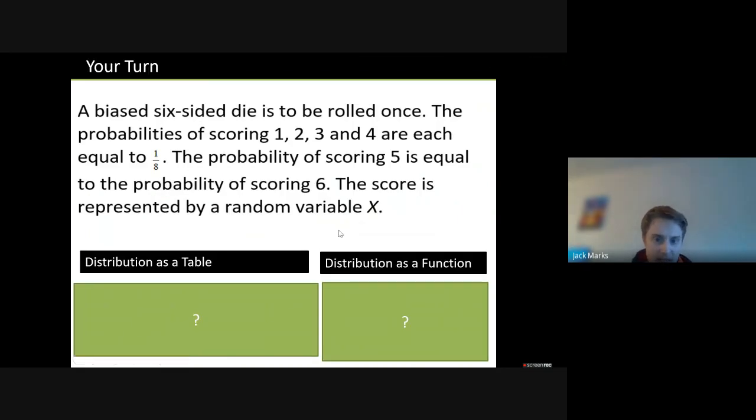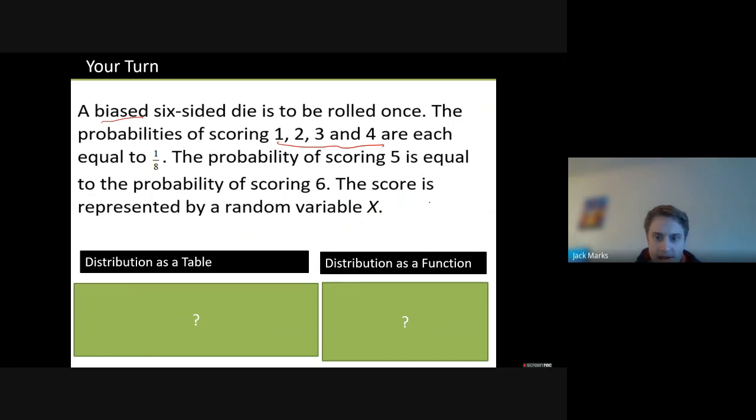So pause the video and have a quick go at this one here. Read it carefully, because in this chapter, if you do have dice, they'll often be biased. So just read the question carefully, think about the situation. Okay, so I'm going to assume that you've had a go now. So 1, 2, 3, 4 are all an eighth.